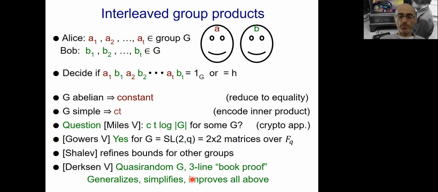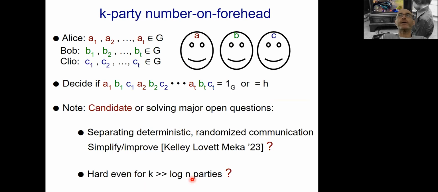So this was the case for two parties. Let's now move to the multi-party setting, and we work in the number-on-forehead setting by Chandra, Furst, and Lipton. Here the picture only has 3 parties, but in general, I'm going to have k parties, for large k. So here we have Alice, Bob, and Cleo. Each one gets a tuple of elements.